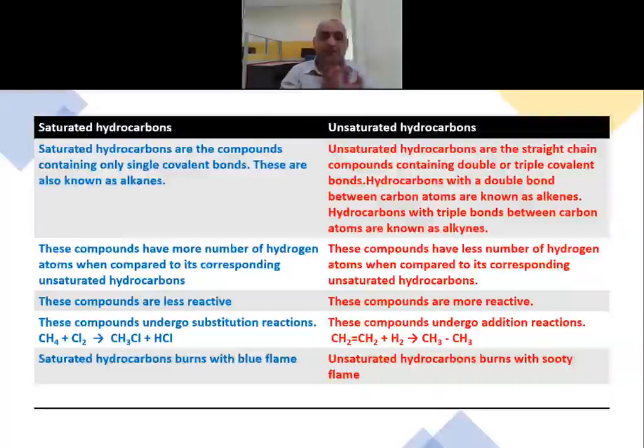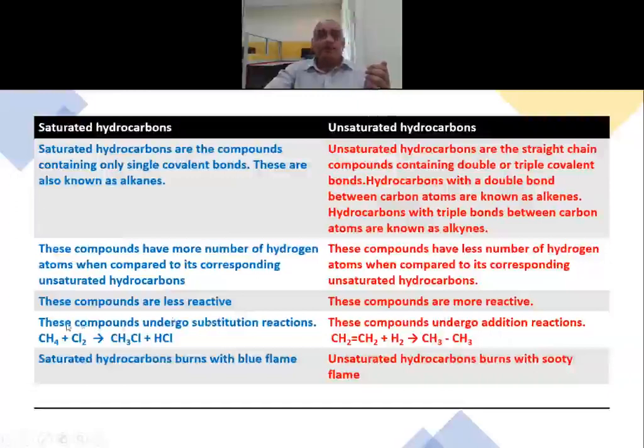Saturated hydrocarbons have more hydrogen atoms, and unsaturated hydrocarbons have fewer hydrogen atoms compared to saturated hydrocarbons. Saturated hydrocarbons are less reactive in nature, and unsaturated ones are more reactive.